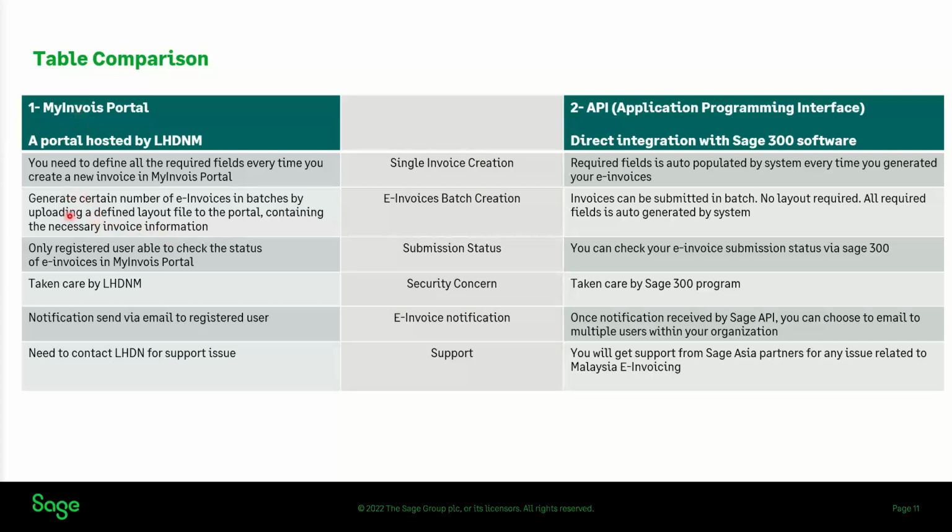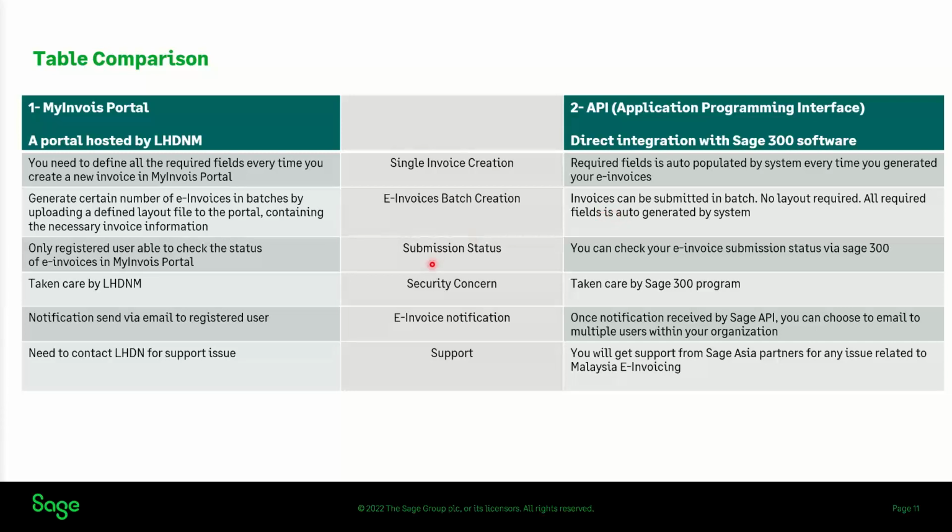Only then can you go to the My Invoice portal and upload your invoices as a batch. If you are using the Sage 300 API, you can also submit your invoices in batch, but no layout is required. All the required fields and information for the e-invoice submission will be taken care of by the system itself.